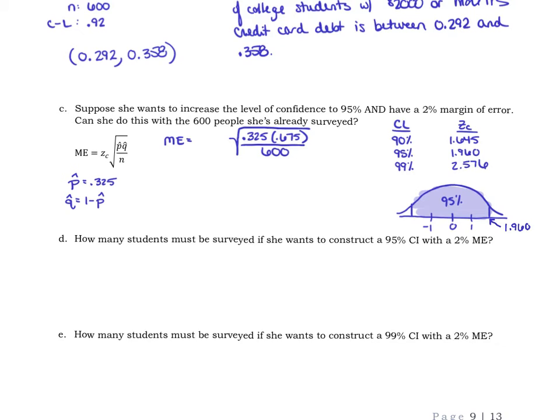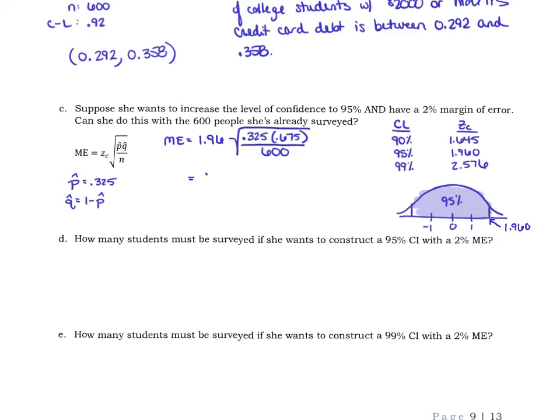So that's where that comes from. If they ask you for any other confidence levels, you can come up with that Z value. So our Z value is 1.96. I'm not going to write down the 0 because it won't make any difference.